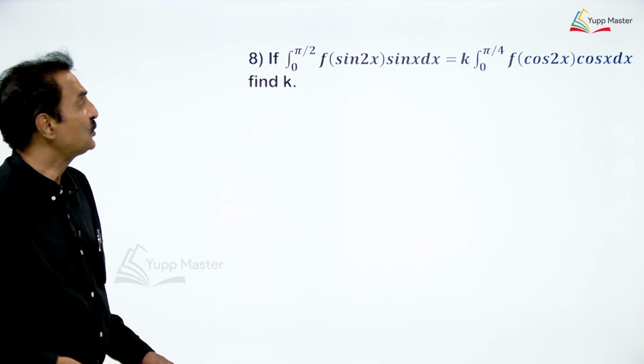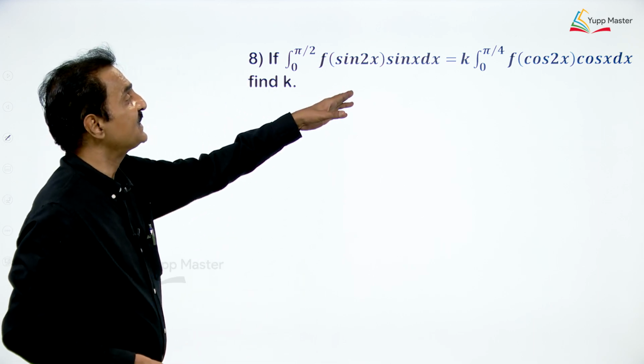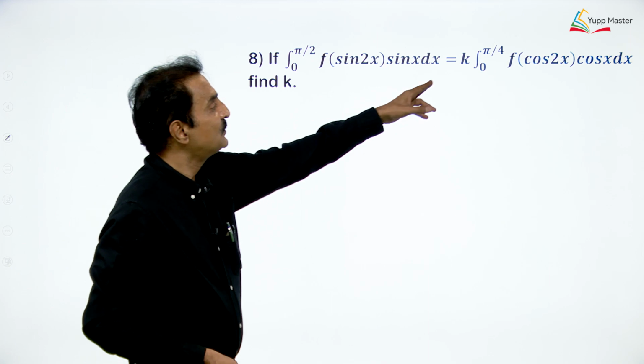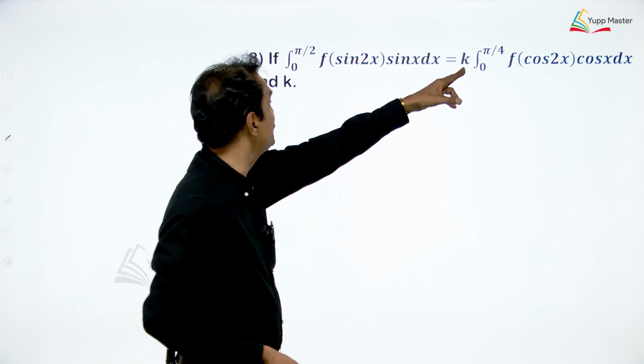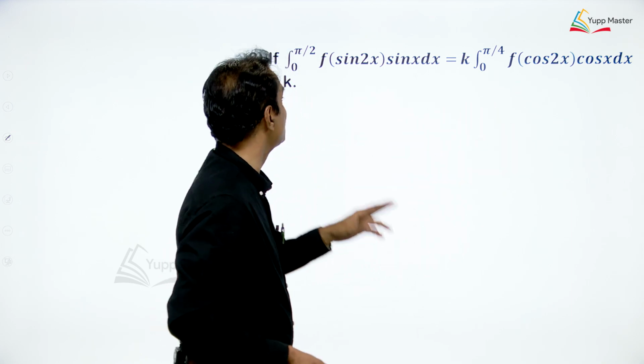If integral 0 to pi by 2 sin 2x f of sin 2x into sin x dx is equal to k into integral 0 to pi by 4 f of cos 2x into cos x dx, find k.